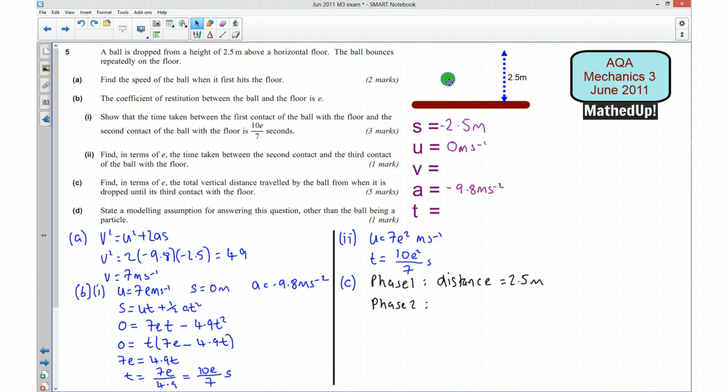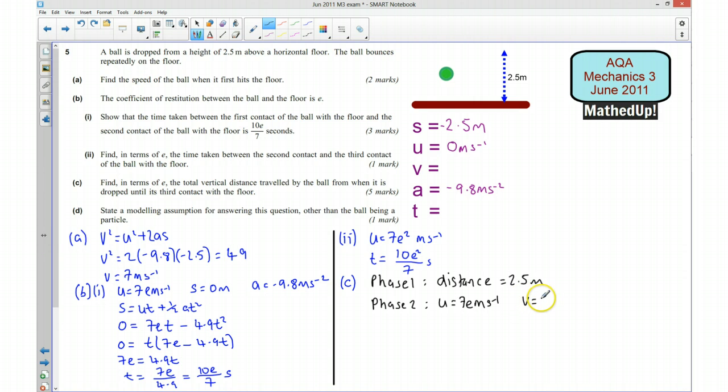So during this second phase, once it's bounced and hit the ground for the first time, we know that its initial velocity at that stage is going to be 7e meters per second. So in phase 2, u is equal to 7e meters per second. We also know that when it reaches its maximum height, the velocity is going to be 0 meters per second.